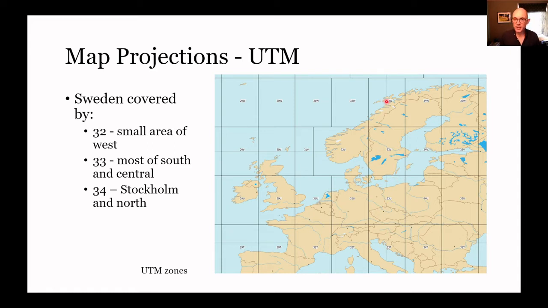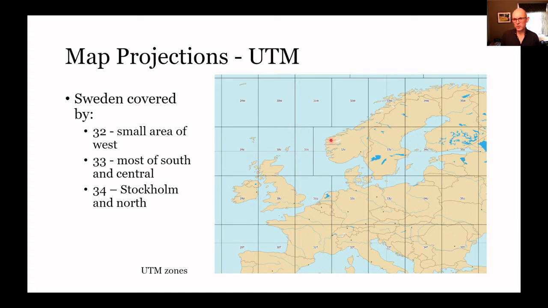But actually, it's the number, the 33, that's important here, and the 32 gets us in on the west coast there, and the 34 here, and that's a tiny little bit on 35 there. But generally speaking, 33 and 34 are the main zones covering Sweden, with a little bit of 32 there. So that's in our UTM system.